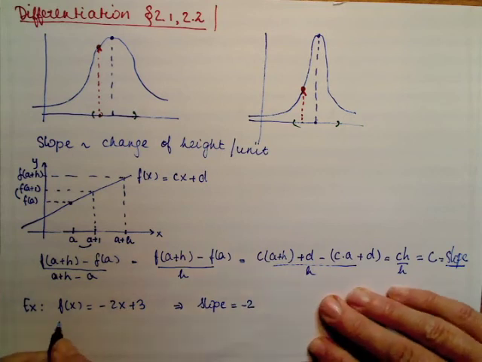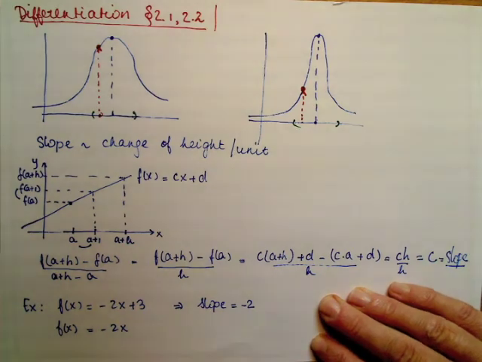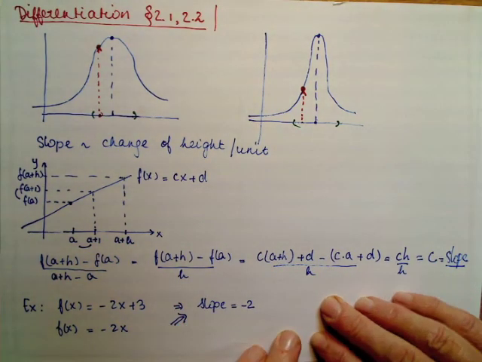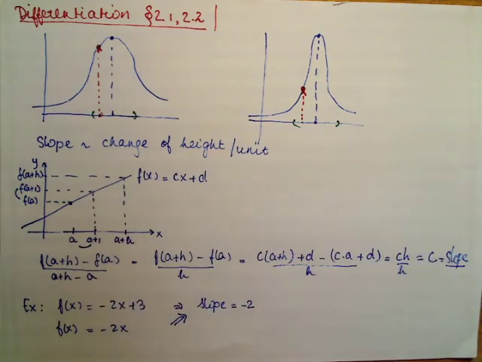But of course, if we shift this function, so we look at minus 2x instead, then again we get the same slope. And of course this makes sense if you think about mountains, because if we shift the mountain a little bit upwards, so we look at the height from the bottom of the sea, of course the slope won't change.